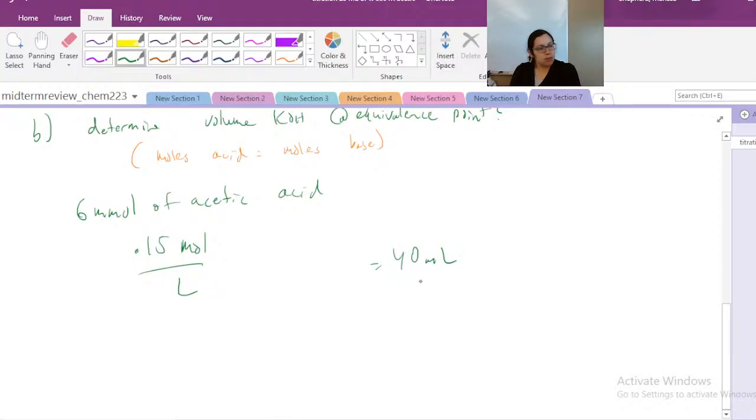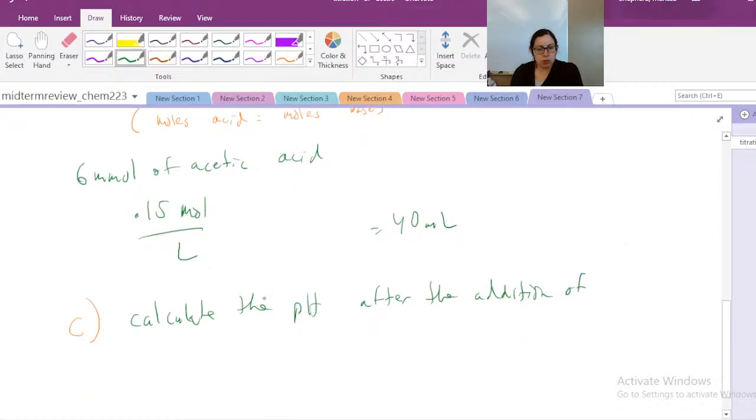And so now let's do 2 types of problems, again, on your exam here. Let's try to calculate the pH after the addition of 12 milliliters of KOH.